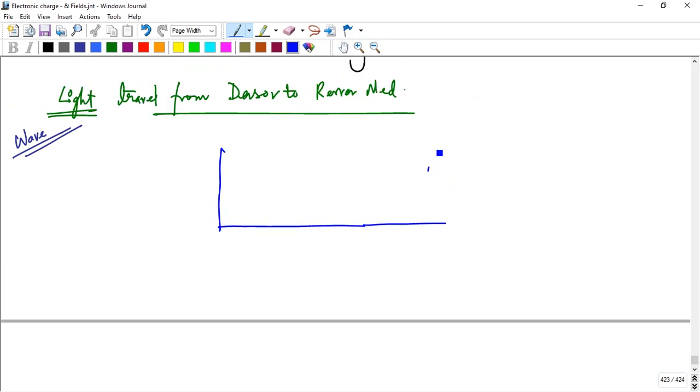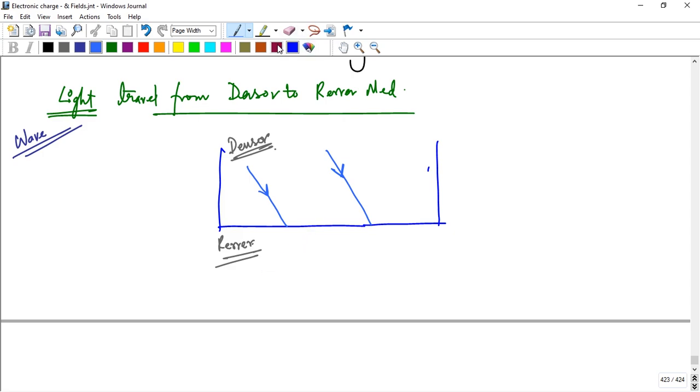The upper medium is a denser medium, and this is a rarer medium. This wave here is the incident wavefront.